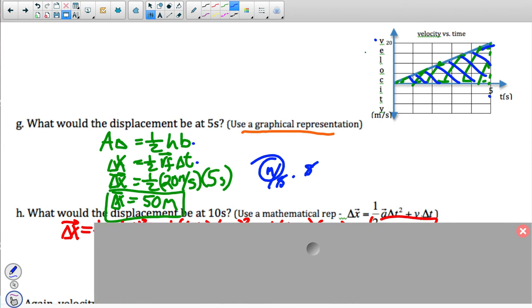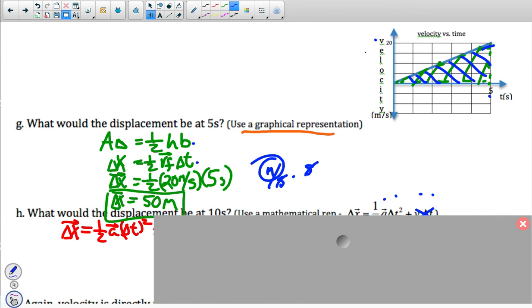Letter H asks what the displacement would be at 10 seconds, and they want us to use a mathematical representation. Displacement is 1/2 the acceleration times the change in time squared, plus the initial velocity times the change in time. But in our case, our initial velocity is 0, so we don't need that portion of the equation. So displacement is equal to 1/2 the acceleration times the change in time squared, and we're doing this for 10 seconds.